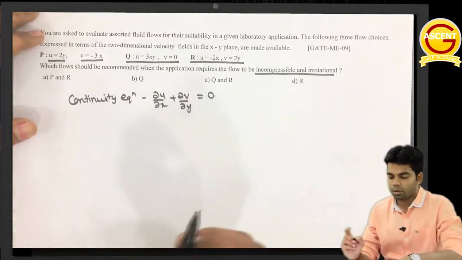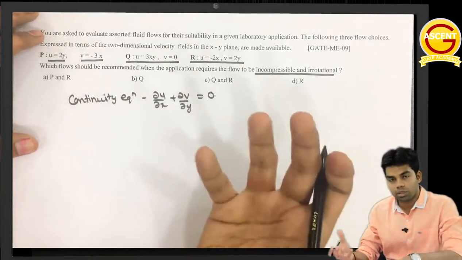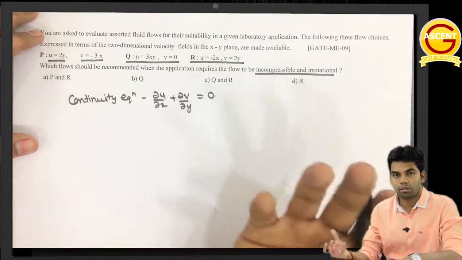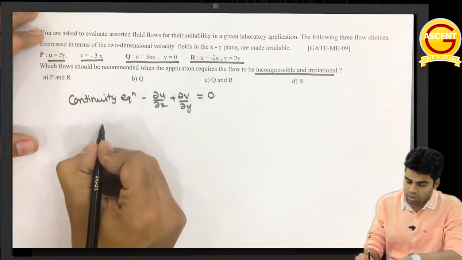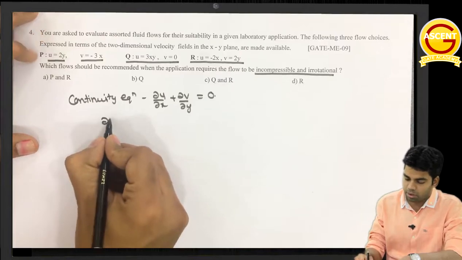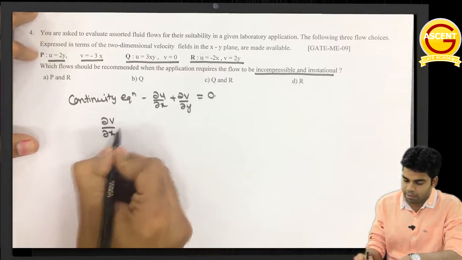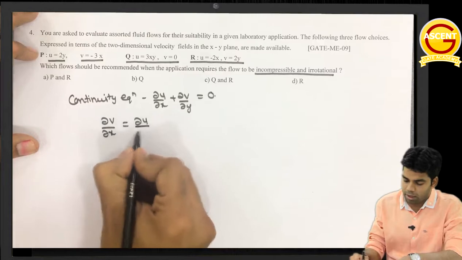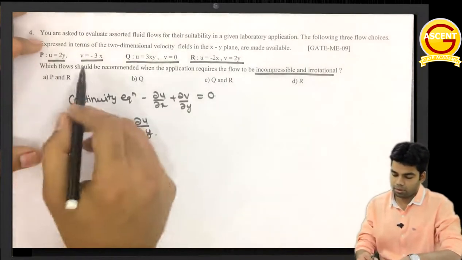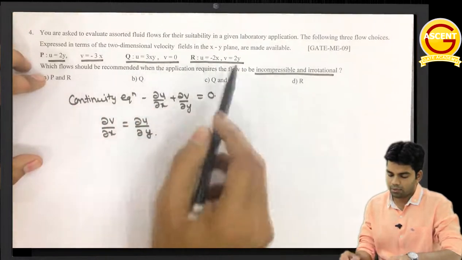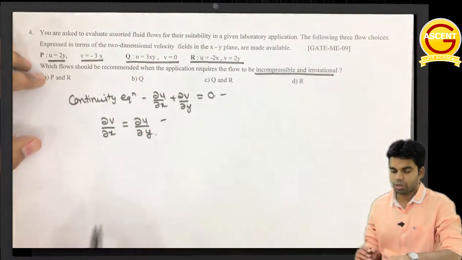And second thing, for the flow to be irrotational, the vorticity should be equal to 0, or you can say omega z is equal to 0, that means del v by del x should be equal to del u by del y. Getting this? That means we have to determine whether these three flows satisfy these two conditions or not.